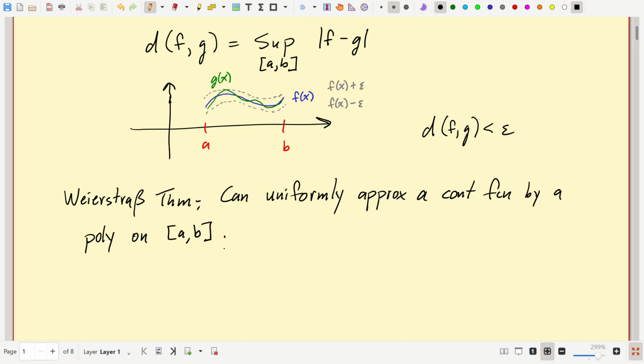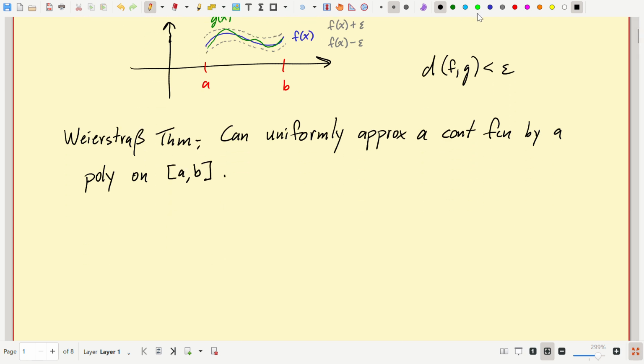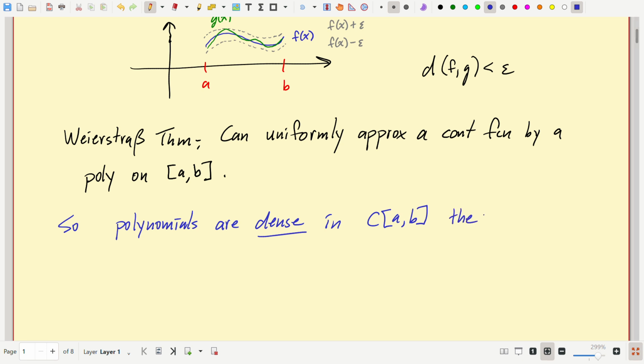In the fancy language of topology, polynomials are dense among continuous functions, the same way the rational numbers are dense in the real numbers in terms of distance. Say Q is dense in R.